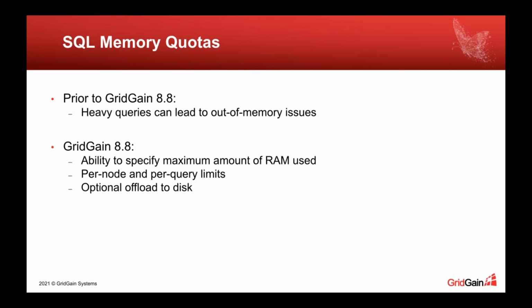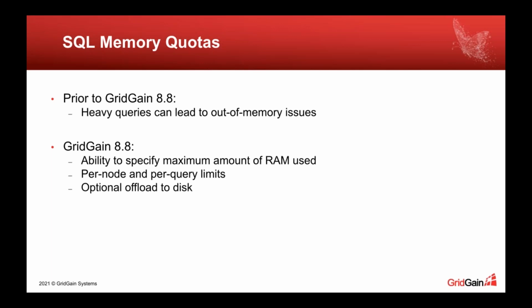And the way it works is that if it goes beyond this limit, you actually have two options. You can either force Ignite to just terminate that query, in which case you will just get an exception. Or you can also offload to disk. That obviously has performance implications.